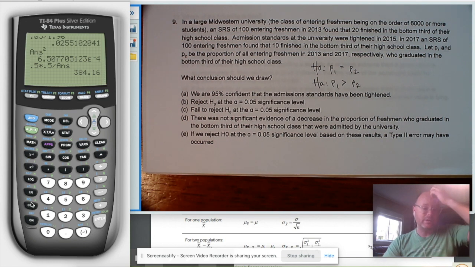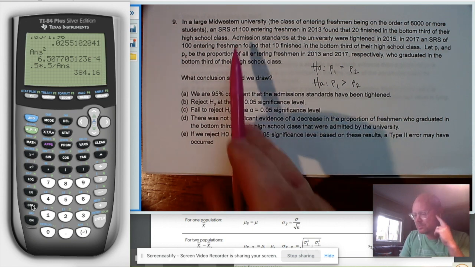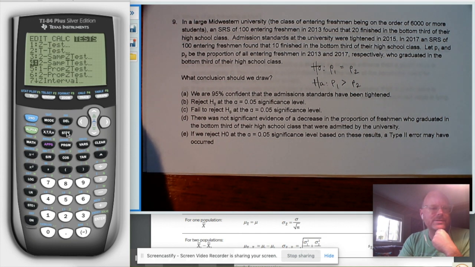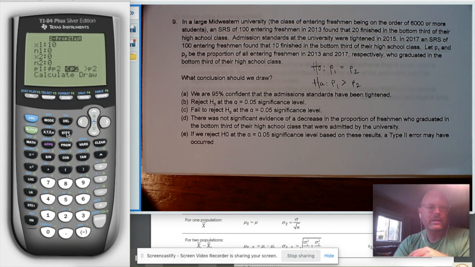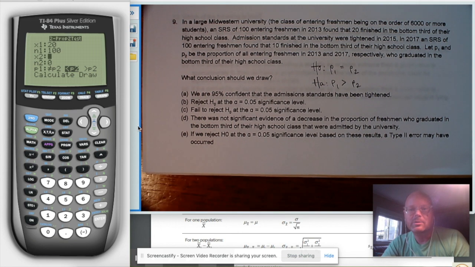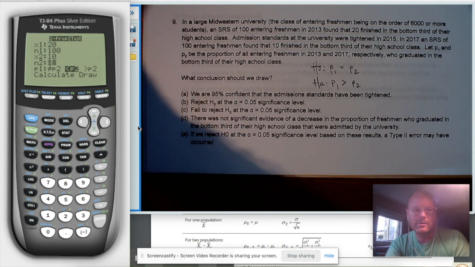So this is a 2-proportion test, right? We're comparing 2 different samples. So let's go into our calculator. Tests, let's do a 2-prop Z test. In the first group, it was 20 out of 100. And the second group, it's 10 out of 100.